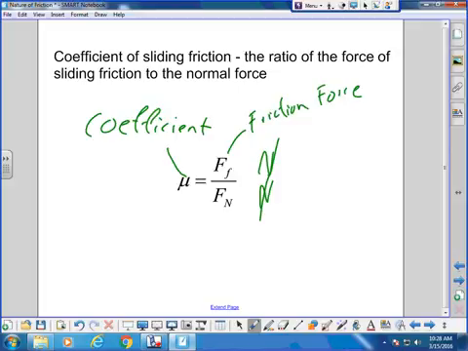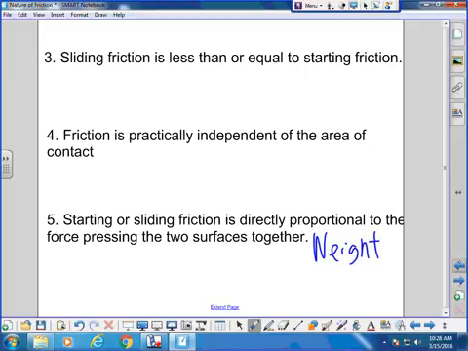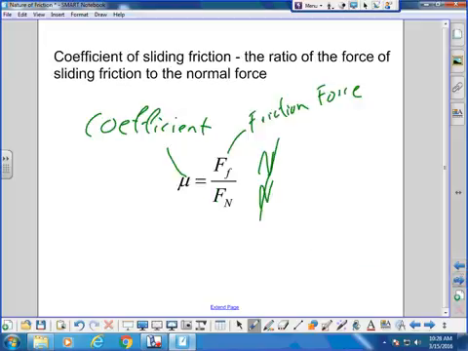What changes the coefficient of friction? What things can you do to make the coefficient more? No, not the coefficient. Friction is the friction force. Starting or sliding friction force is dependent upon the weight. The only way to change the coefficient is to make the surfaces rougher or smoother.